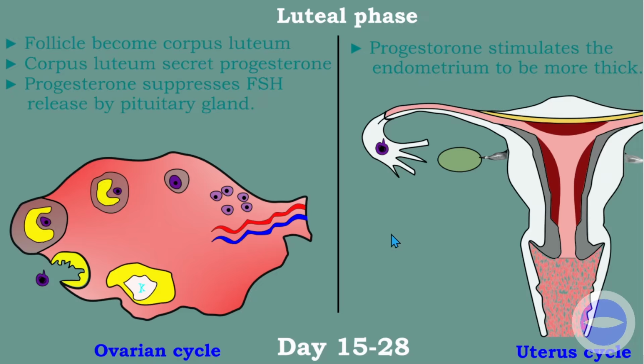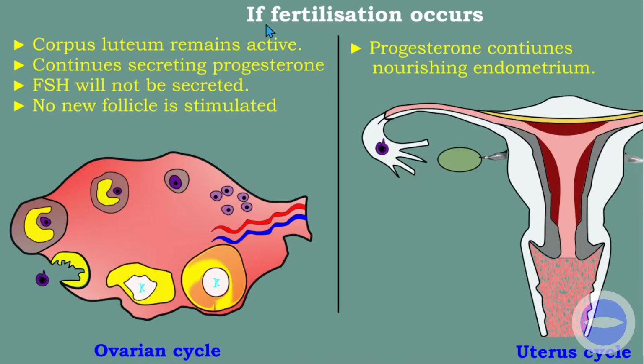So I hope you understand. Another thing that is important, now we have two situations here. Let's say the situation if fertilization occurs. If fertilization occurs, the corpus luteum remains active. If you see here, the corpus luteum now is more active, and it continues secreting progesterone.